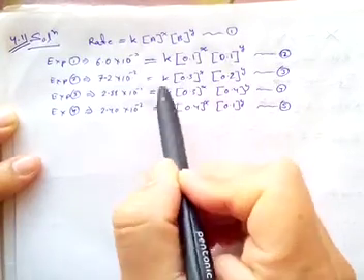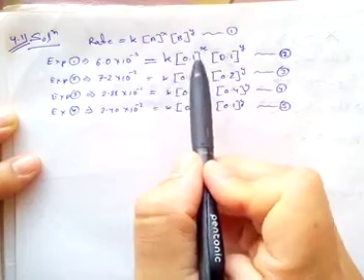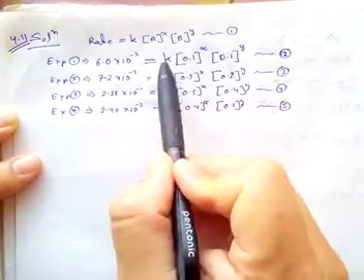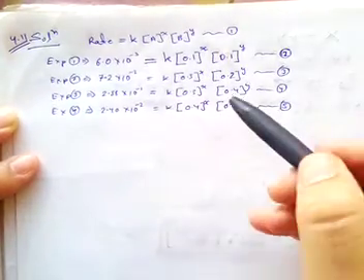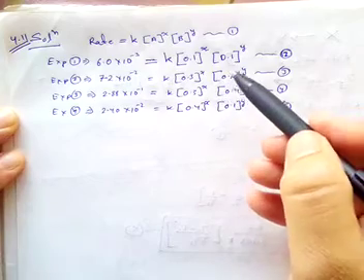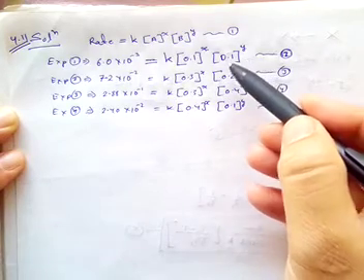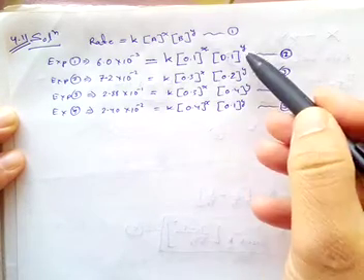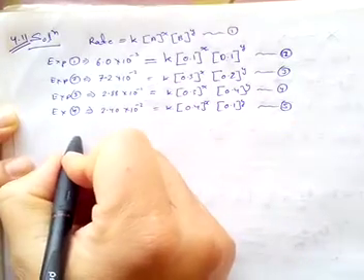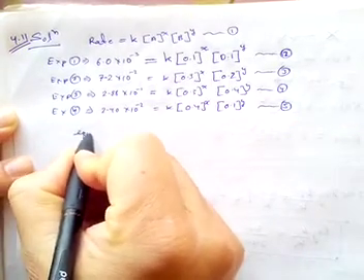Now we have to solve for this. We have 4 equations, and we have 3 unknown factors x, y, and k. So we'll look at the similar values first, here 0.1 and 0.1.